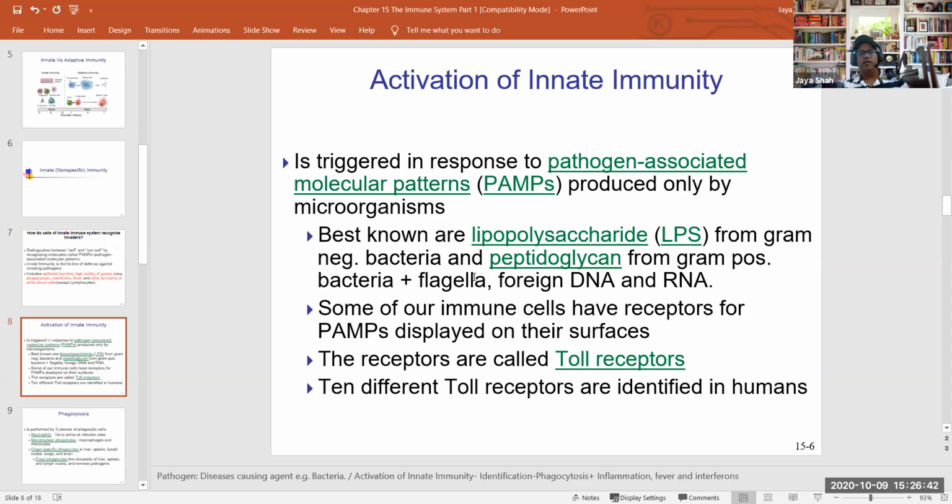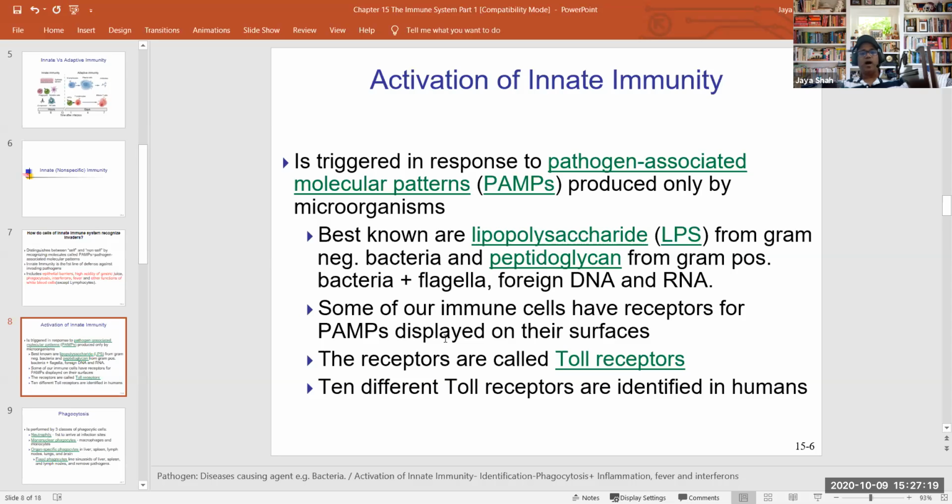Apart from lipopolysaccharide and peptidoglycans, there are some other PAMPs found on the microorganism, and they are flagella, foreign DNA, and RNA. Okay. For example, coronavirus DNA is antigen, and that is called PAMPs, and that antigen is recognized by our immune cells. Okay.